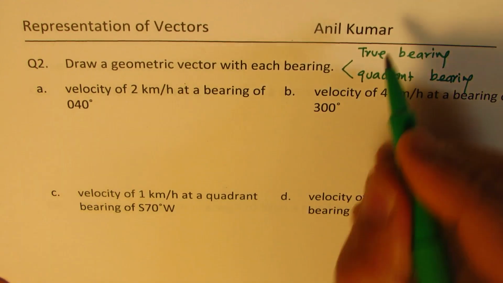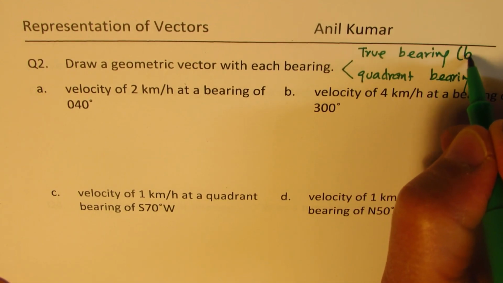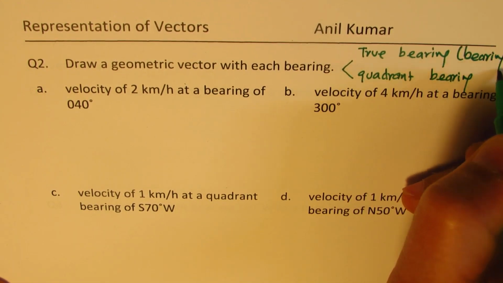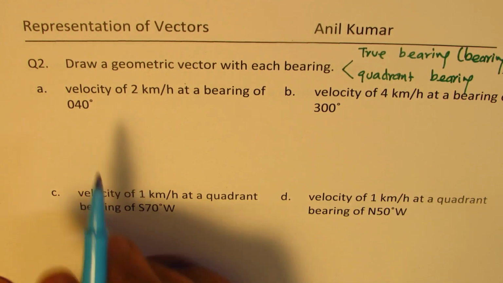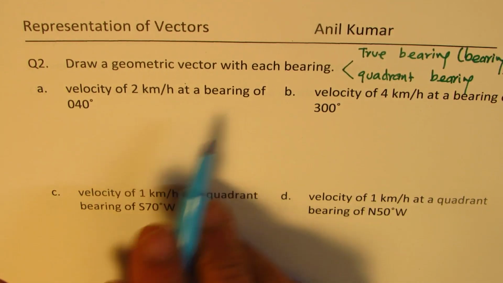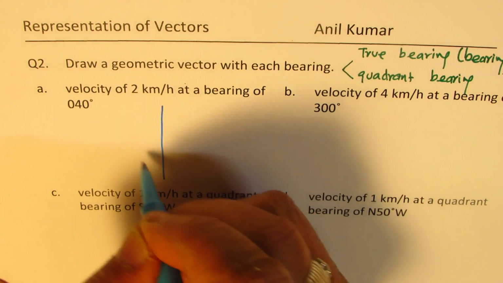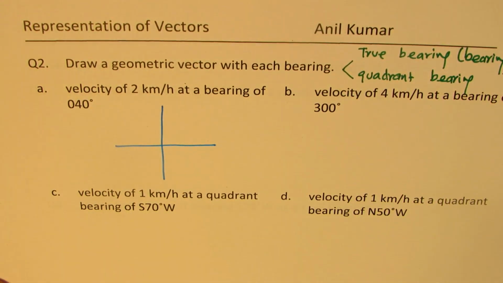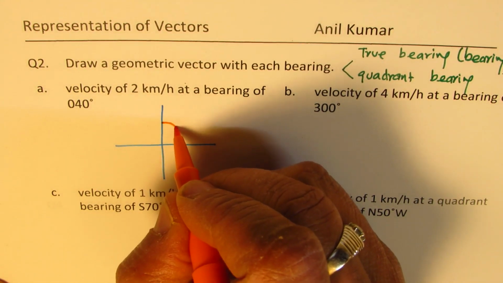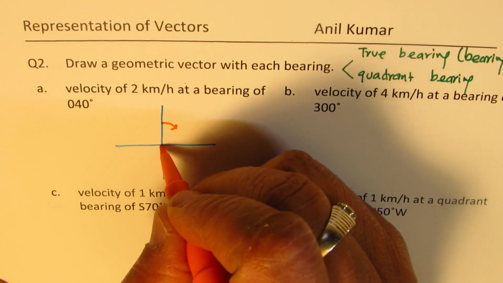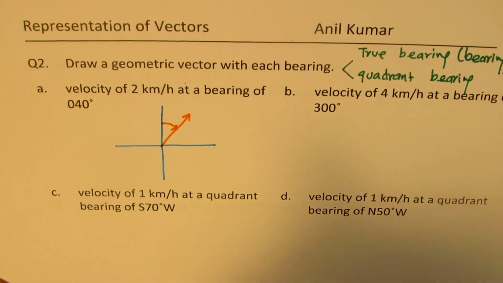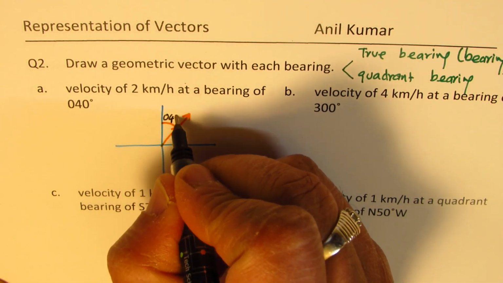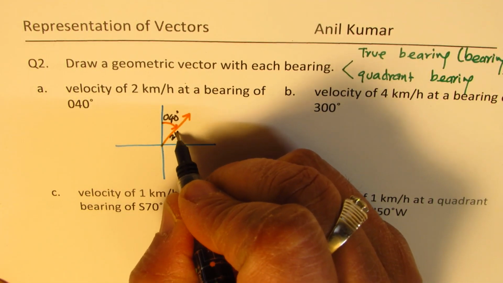So normally when we say bearing, true bearing or just bearing, then the default value is always true bearing. Okay. The first one is velocity of 2 kilometers per hour at a bearing of 40 degrees. So 40 degrees means from north we will go 40 degrees and the length of the vector will be 2 kilometers per hour. So that is how it is going to be shown, right?